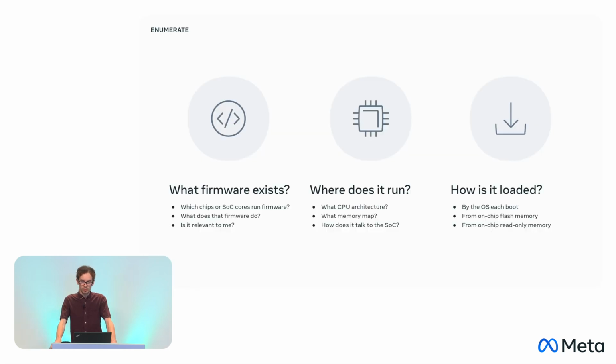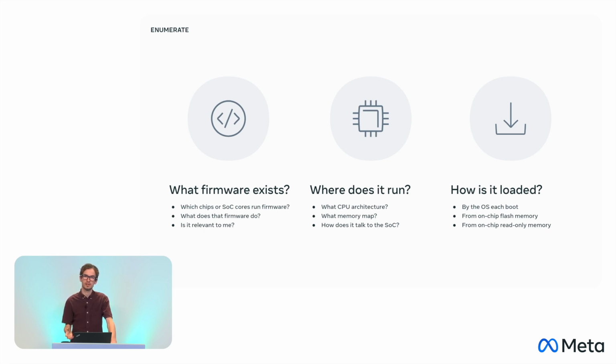These are the goals that I always seek when I'm enumerating firmware. So I want to answer these questions. What firmware exists on the device? And that's just a high-level list of everything with firmware. And then for each piece of firmware, I want to know where it runs and where it comes from.